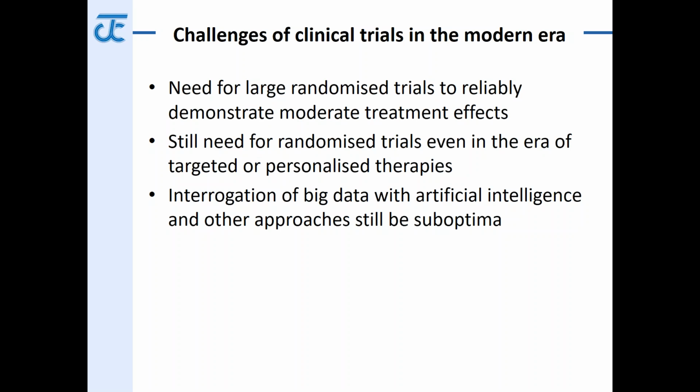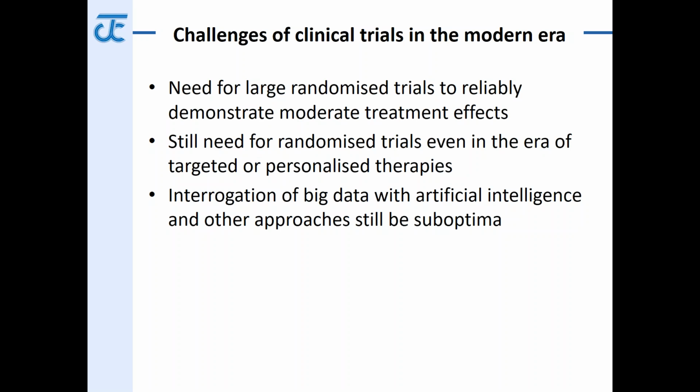Now, this next part is really quite straightforward for this audience in terms of saying why randomization is important. But I thought it's still useful. This is going to be fairly key as to why we can't get away without randomization in other situations. So we know that large randomized trials are necessary to reliably demonstrate moderate treatment effects.